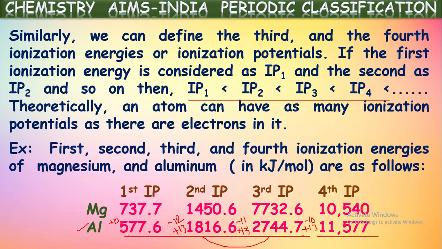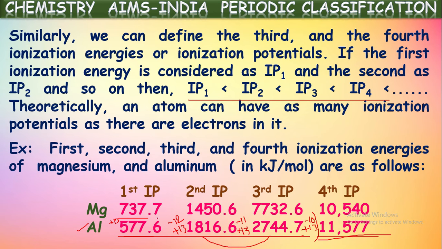It increases gradually till IP3, but the IP4 energy value is much greater than IP3, because after removal of 3 electrons, aluminium attains a stable configuration. So the removal of the fourth electron is much more difficult and requires a greater amount of energy.